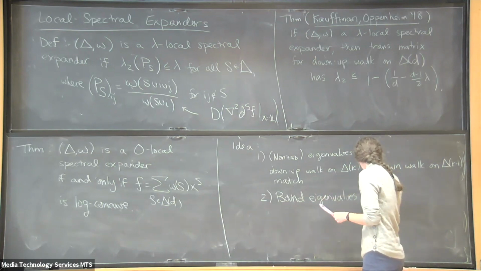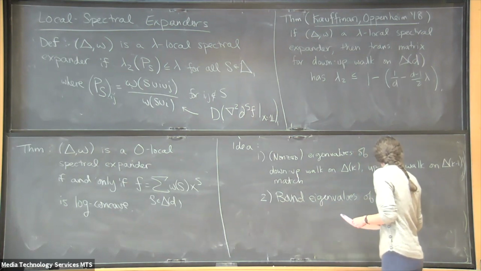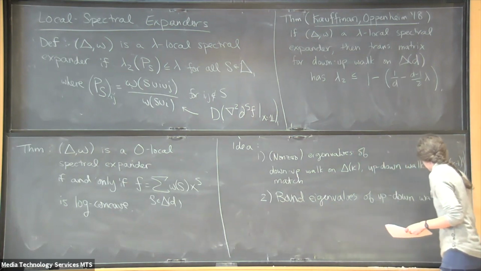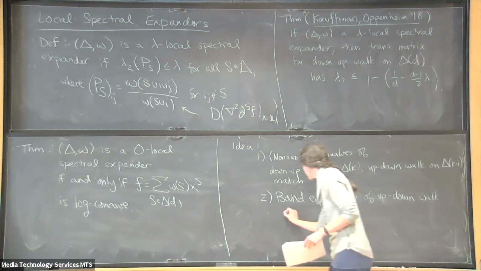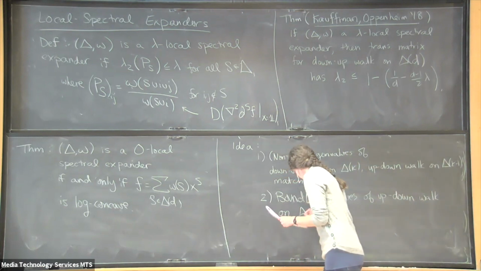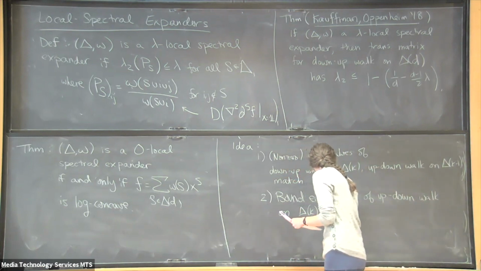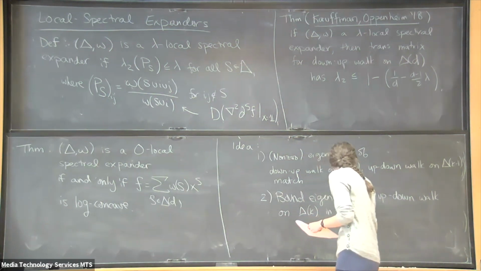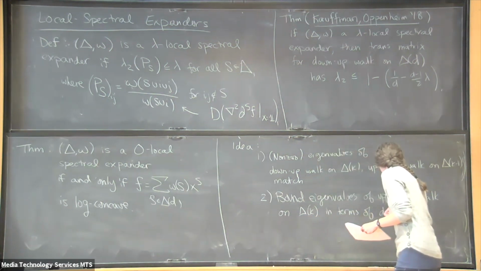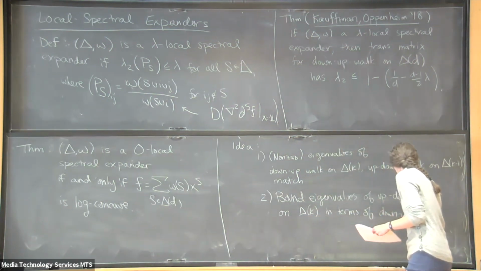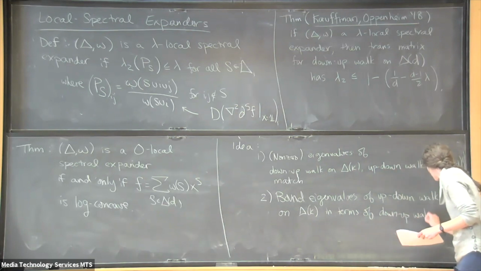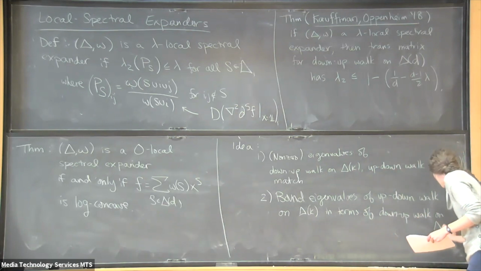Bound eigenvalues of the up-down walk on delta k in terms of the down-up walk on delta k.